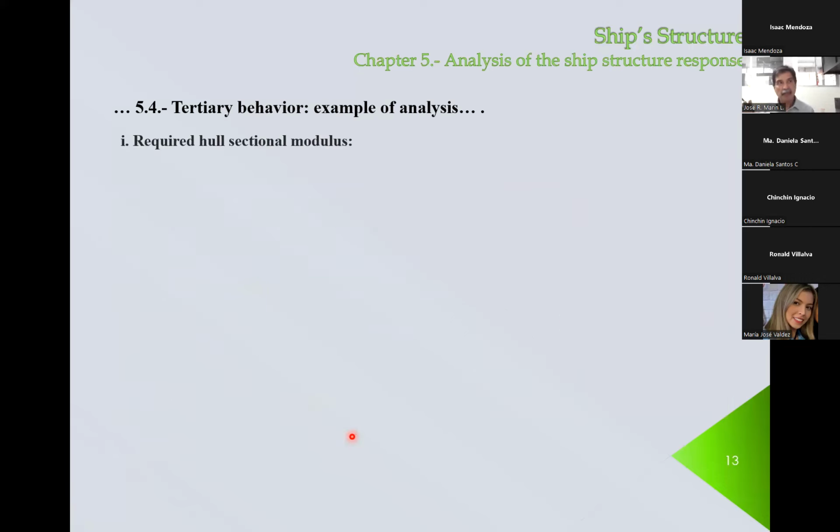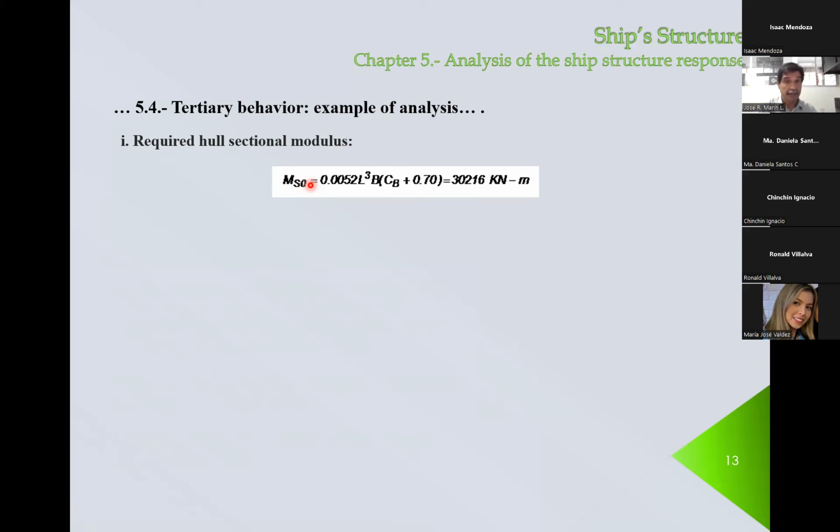So first, let's calculate the required section modulus. Remember, the S here is for the still water. You could put all your weights, calculate the mean draft, calculate the trim, and then you could calculate the distribution of bending moment.